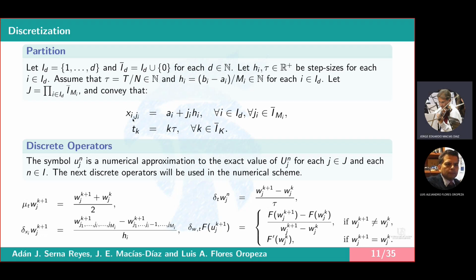The partitions, more explicitly, are provided by these identities. And we employ the following discrete operators. As you can see, this is an average operator. This is a difference operator with respect to time. This is a difference operator with respect to the ith coordinate. And this is an operator which we're going to employ to approximate the derivative of f with respect to u.